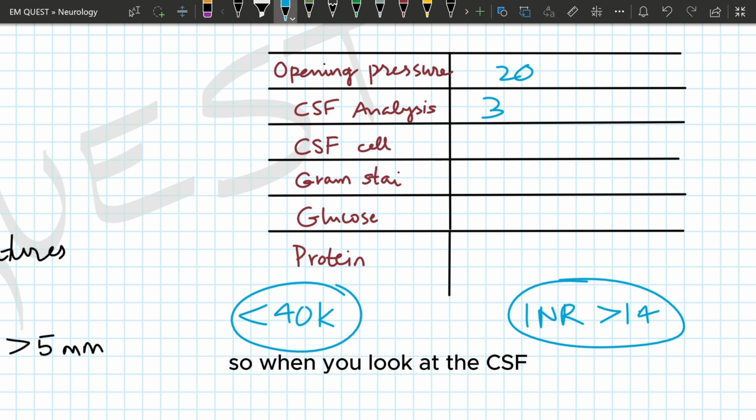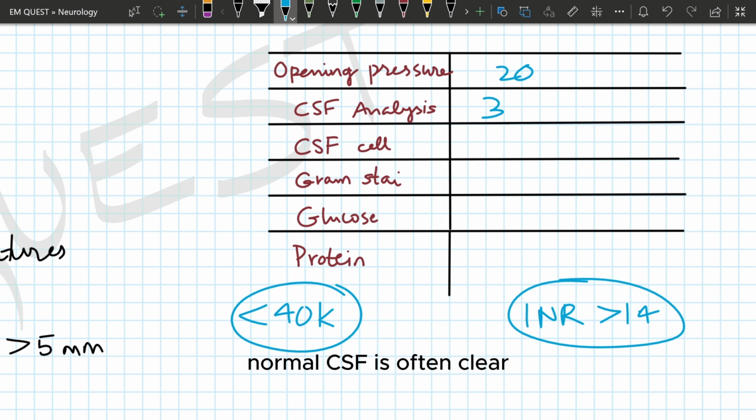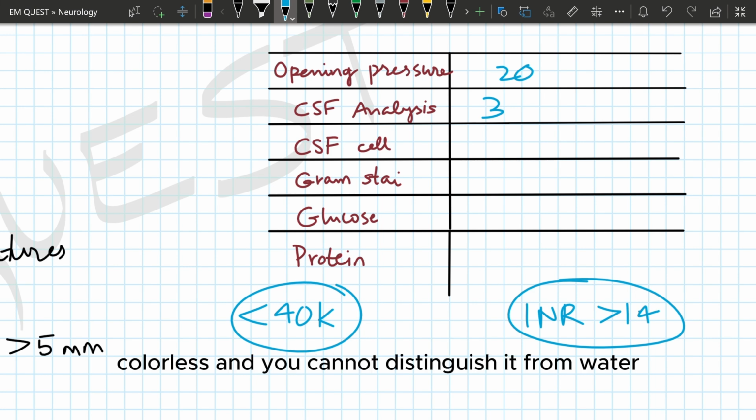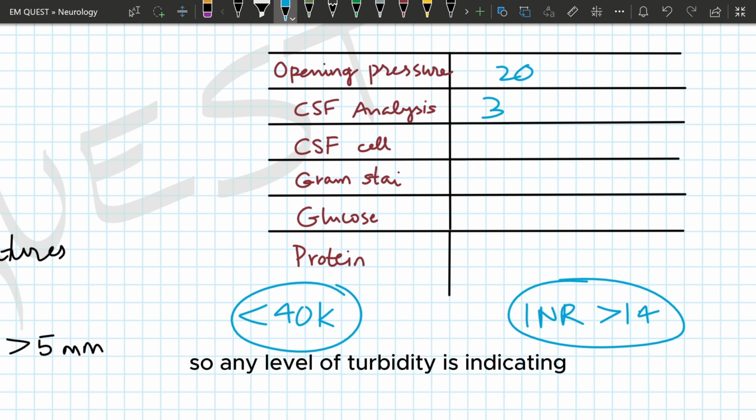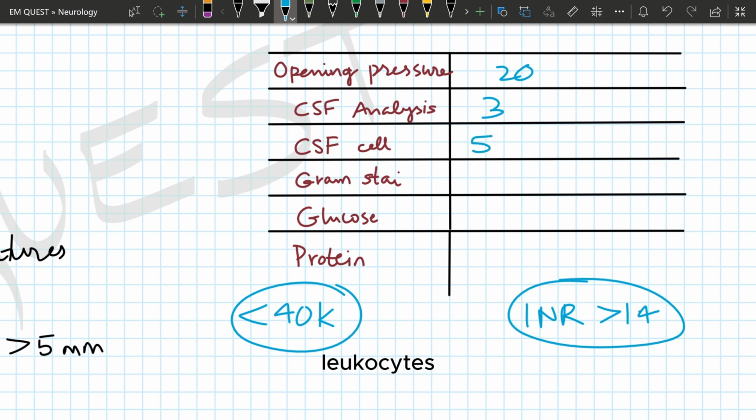When you look at the CSF, you should look for any turbidity, any cloudiness. Normal CSF is often clear, colorless, and you cannot distinguish it from water. So any level of turbidity indicates some form of pathology. Regarding the cell count, the normal adult CSF does not contain more than 5 leukocytes. In the analysis, if there is evidence of more than 5 leukocytes, then that is evidence for CNS infection.